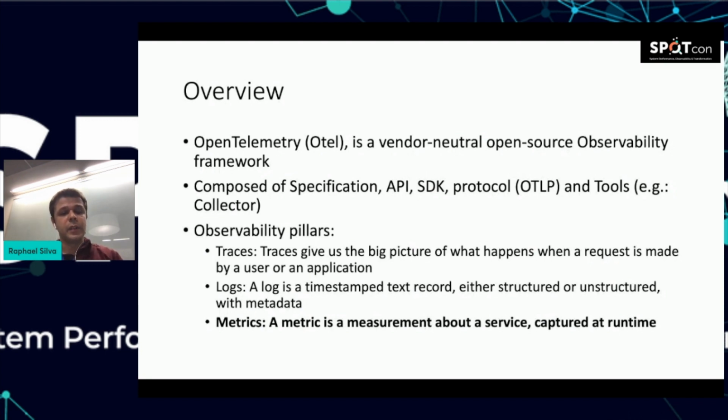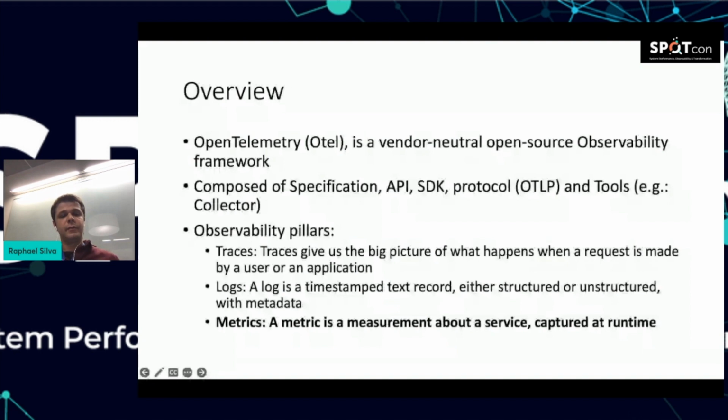So OpenTelemetry allows us to have full observability because it provides us with tools and APIs and SDKs to instrument applications for trace, logs, and metrics. So today we are going to focus on the metrics part.